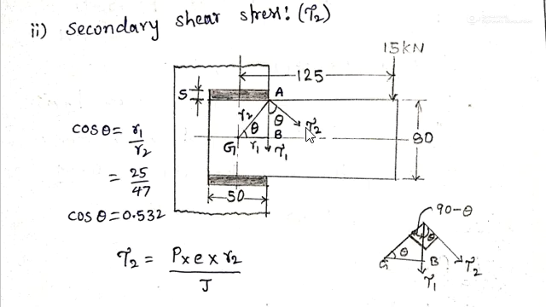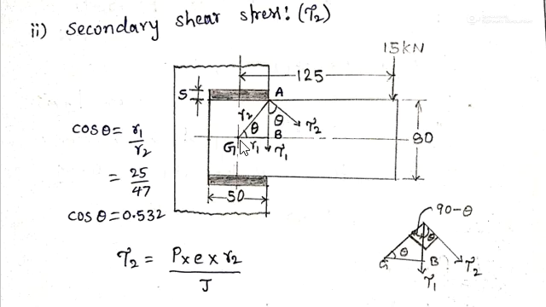Here we have to find where we get the maximum secondary shear stress. The magnitude of the secondary shear stress is proportional to the length between the center of gravity and the point we are considering. So by observation, we can say that at this point we will get the maximum secondary shear stress.